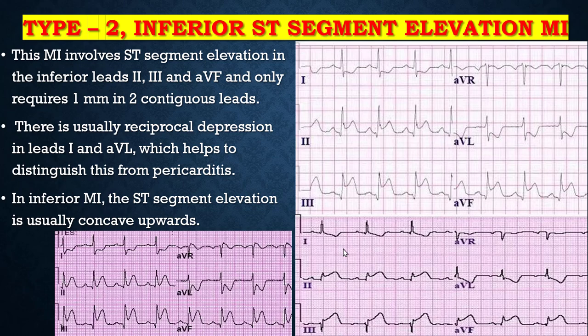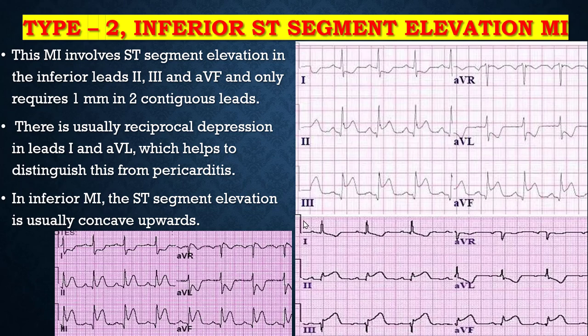Here you can also see there is ST elevation in lead 2, 3 and AVF and reciprocal depression in lead 1 and AVL. The same is the case in this ECG graph also: ST elevation in 2, 3 and AVF and depression in lead 1 and AVL.